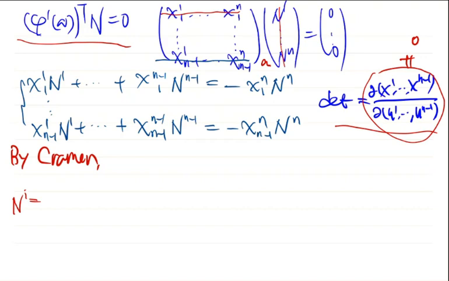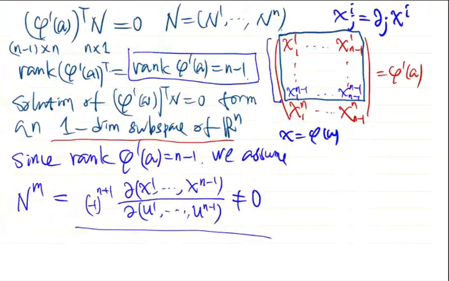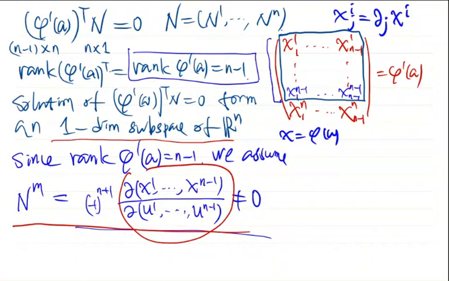In the denominator we have the determinant of the coefficient matrix, which is the Jacobian determinant of x_1, ..., x_{n-1} with respect to u_1, ..., u_{n-1}. But this is precisely N_n. Using this equation, this determinant is precisely (-1)^(n+1) multiplied by N_n.